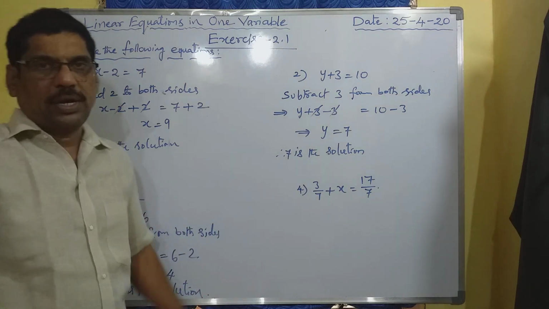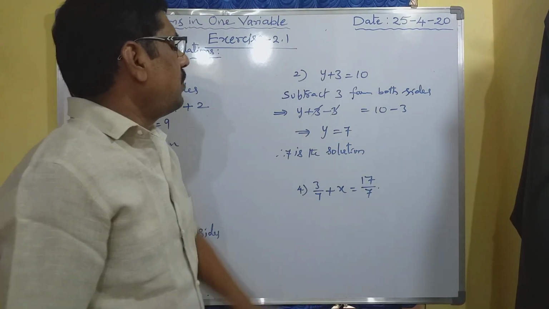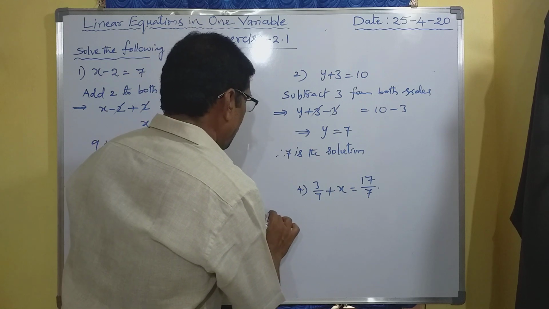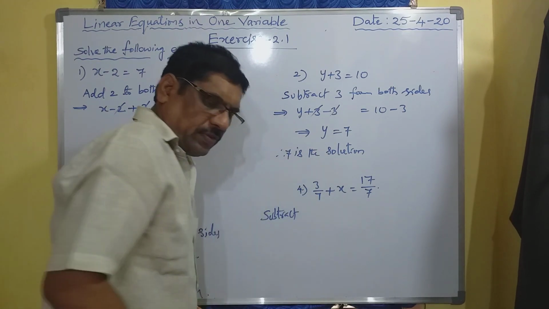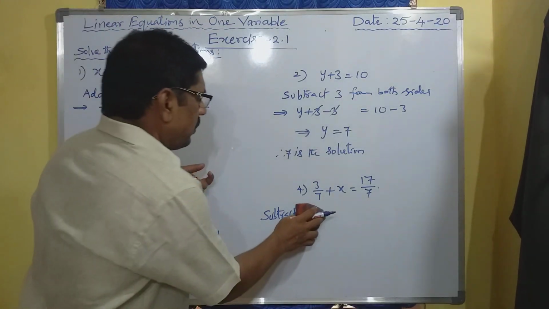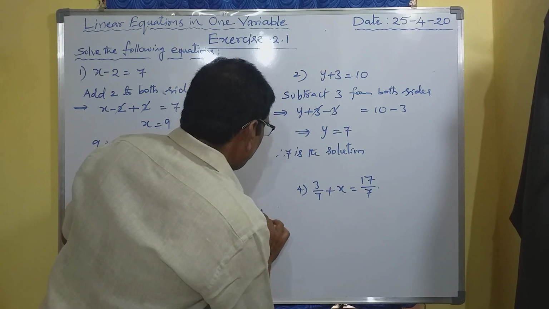Okay. Here look at this. Here 3 by 7 plus x is equal to 17 by 7. Now we have to subtract. Otherwise, we can do in another way, very simple way. Okay, now transpose.